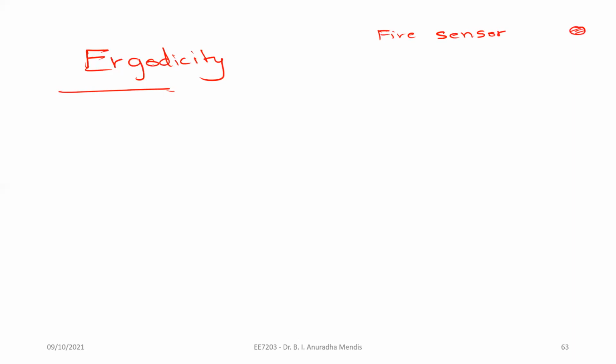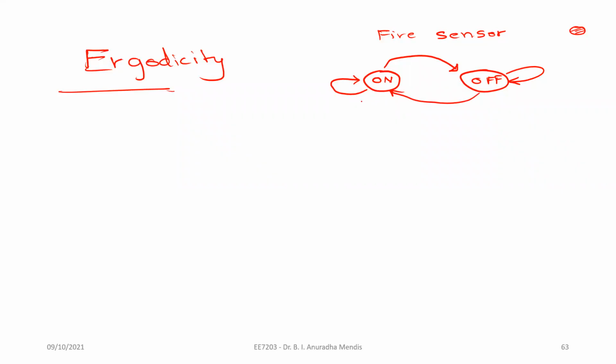There are two states that this fire sensor can have: either the sensor is on, or the sensor is off. So if it is on, what is the probability that it will be off next time? What is the probability it will remain in the on state, the same state? Or if it is off, what is the probability it will go to the on state, or remain in the off state?